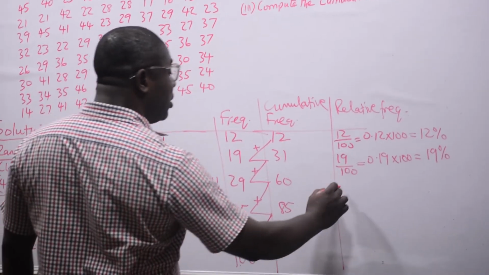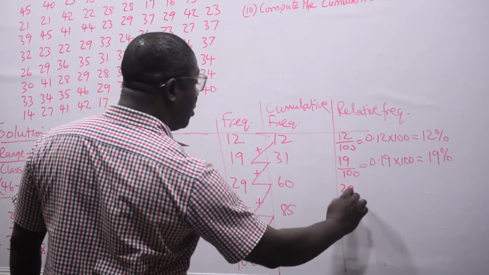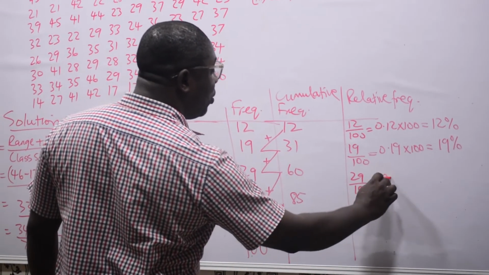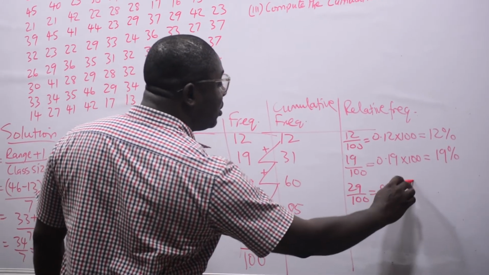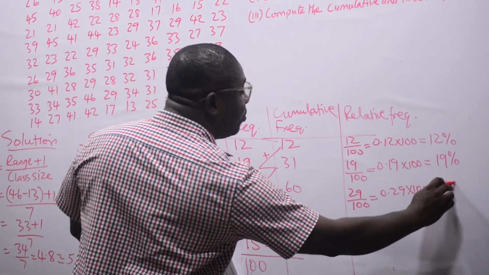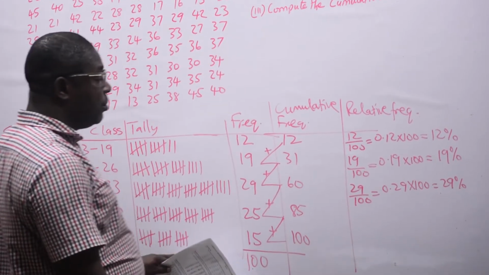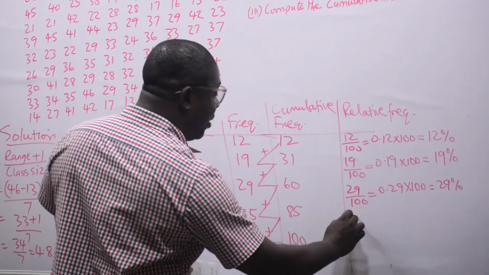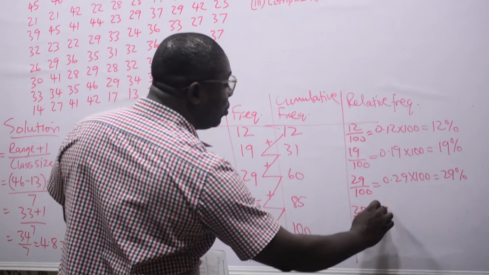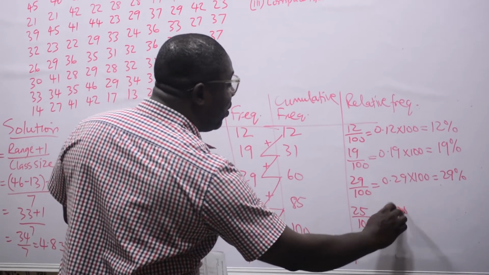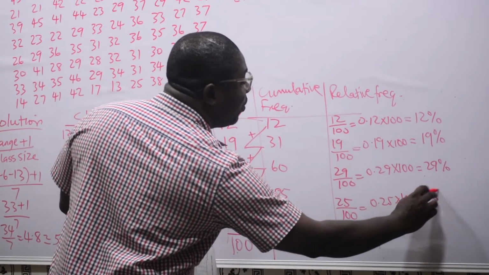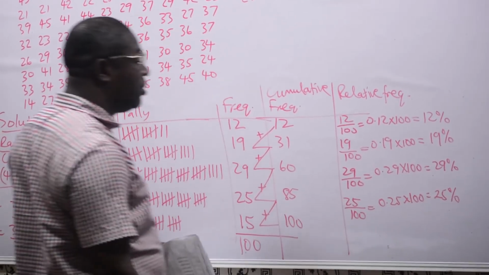The next one is 29 divided by 100, which will give us 0.29 times 100, which gives us 29%. The next one is 25 divided by 100, which is equal to 0.25 times 100, that gives us 25%.